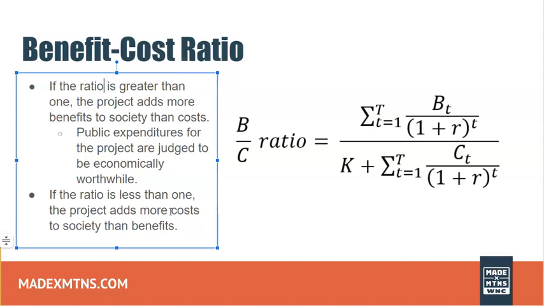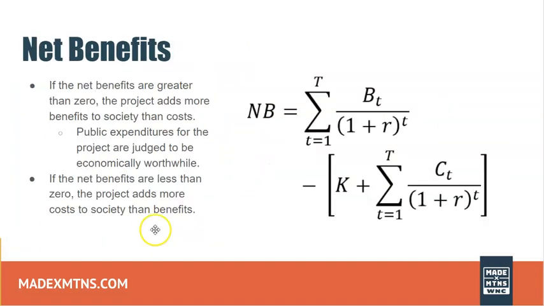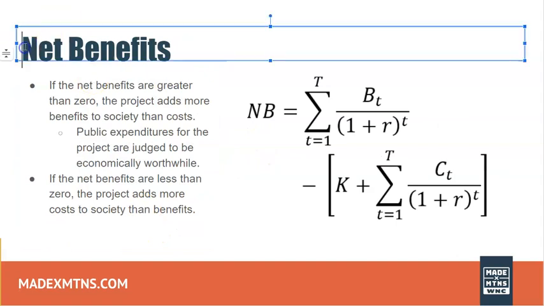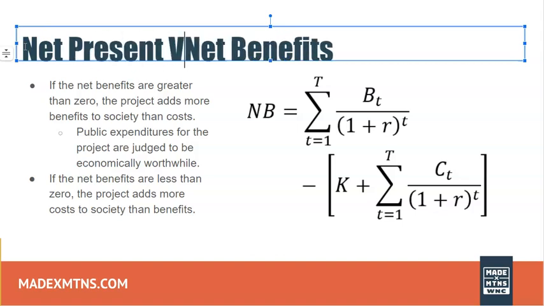Okay, then another way to express this same information is with a net benefit formula, or let's call this the net present value, which is a term we used earlier. So here we have the same calculations. We have the present value of benefits and the present value of costs.